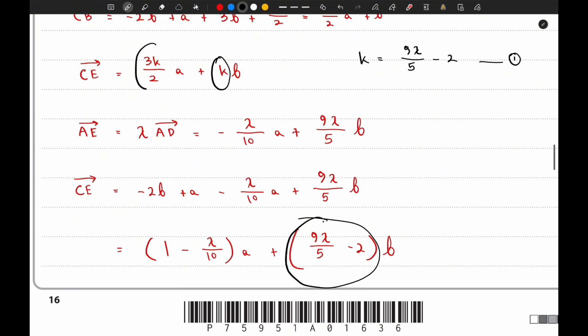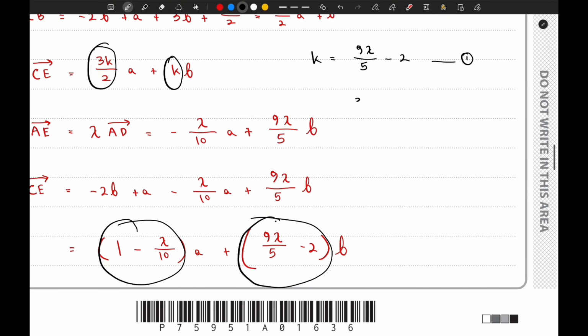Now let's equate the coefficient of a. That is 3 over 2 k equals 1 minus lambda over 10. I can write k as 2 over 3 minus lambda over 15.